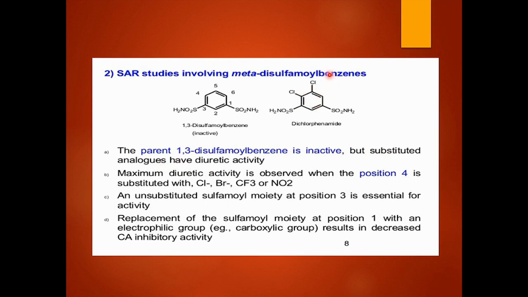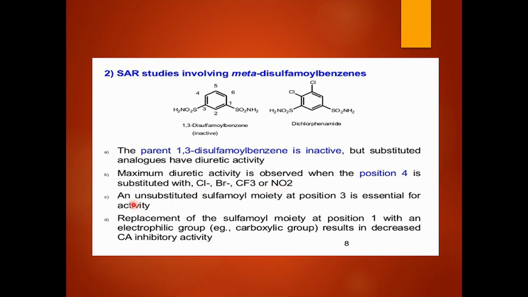If there are any substituents on the ring, then the drugs will show diuretic activity. Second point is that maximum diuretic activity is observed when position 4 is substituted with chlorine, bromine, CF3 or NO2. Here 3 and 2 must be in subscript positions.